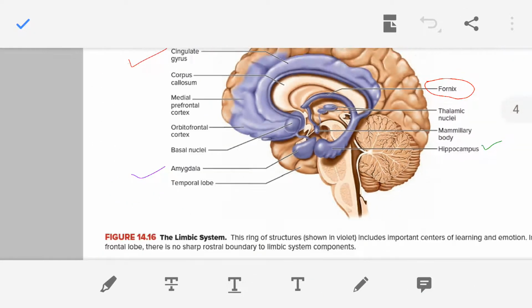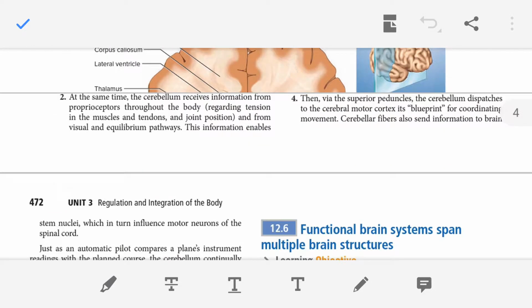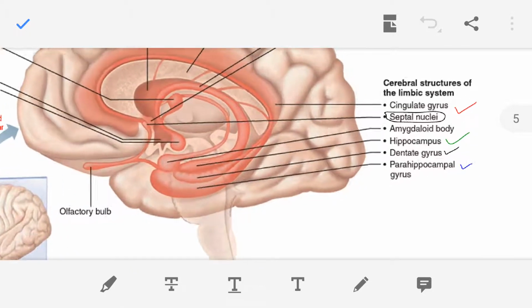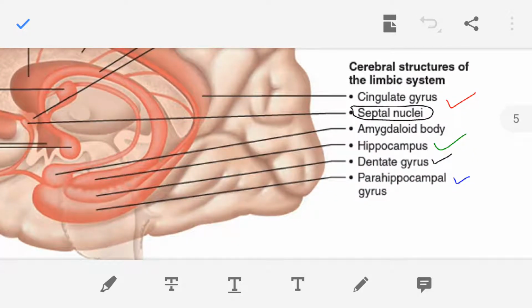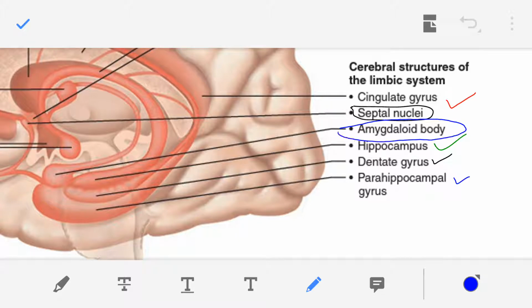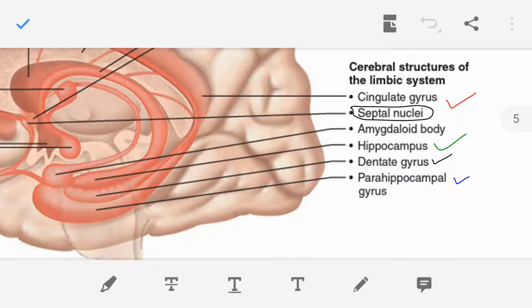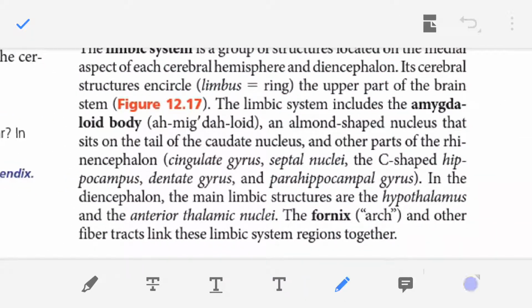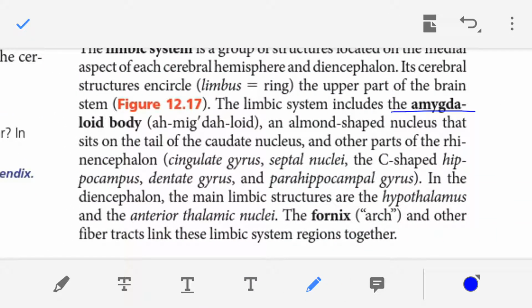Limbic system includes amygdaloid body, almond shaped nucleus that sits on the tail of the caudate nucleus.